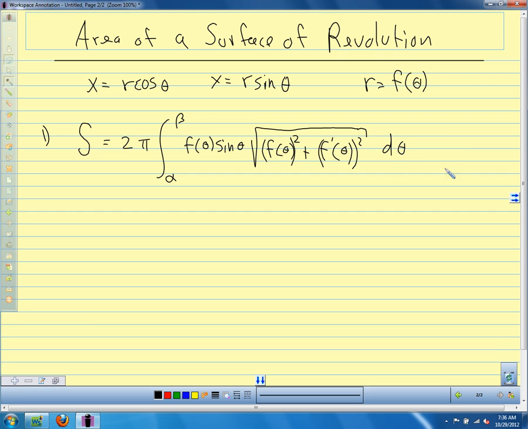And this is about the polar axis. The polar axis is theta equals 0.